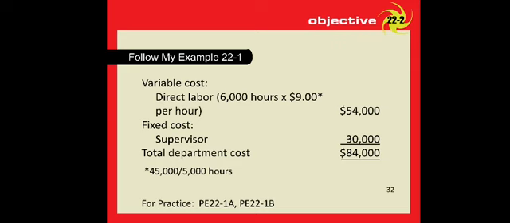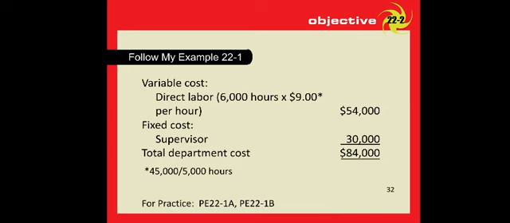So you divide $45,000 by 5,000 hours. For one labor hour, the budgeted cost is $9. So when you prepare a flexible budget, you have to categorize the cost as a variable cost.